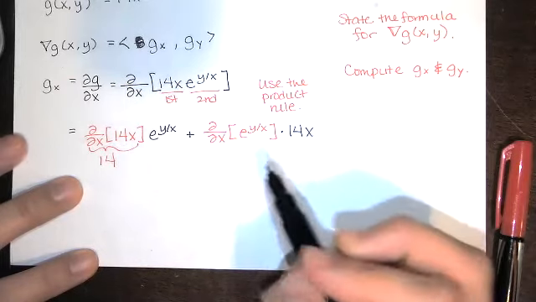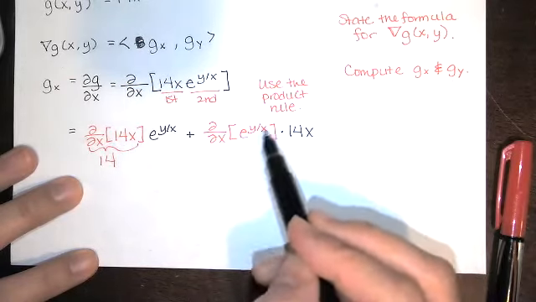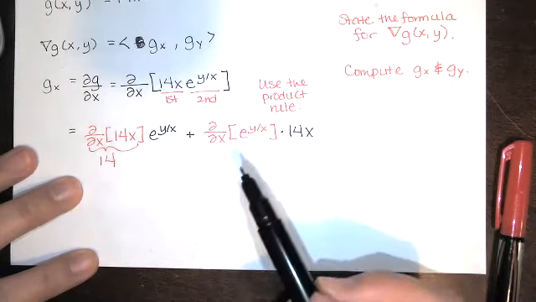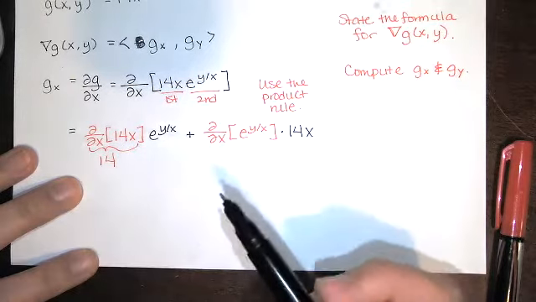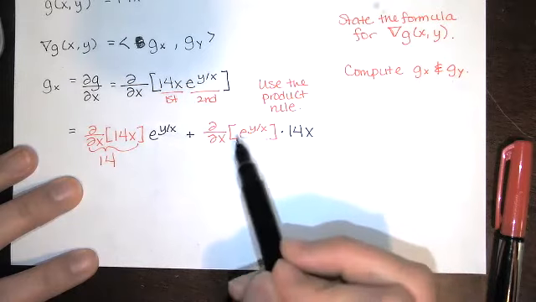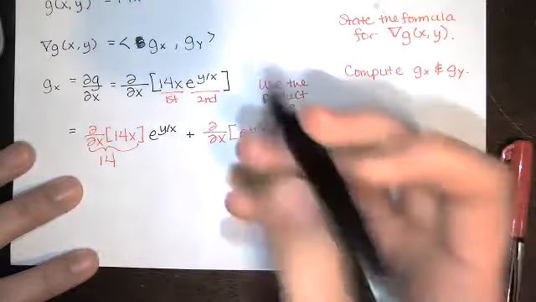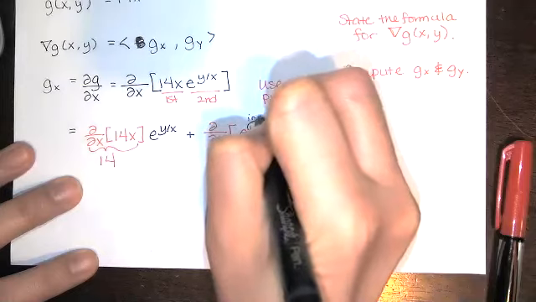So remember from Calculus 1, if you're taking the derivative of a composite function, a function nested inside another function, you use the chain rule. The chain rule says you take the derivative of the outside function first, and I'm going to think of that as the inside function.